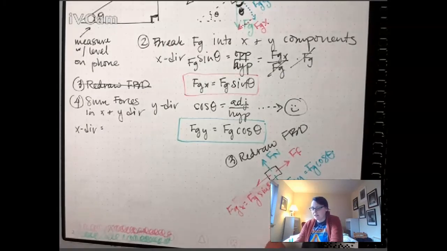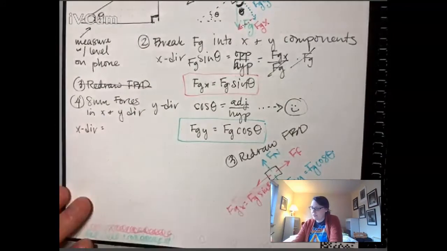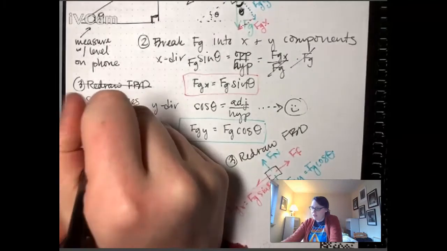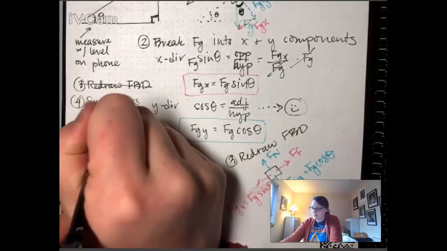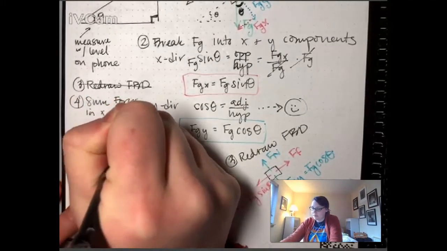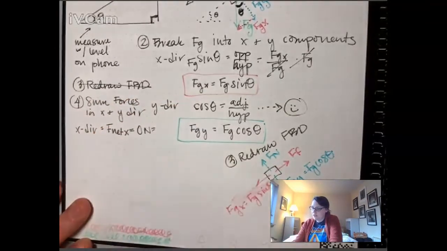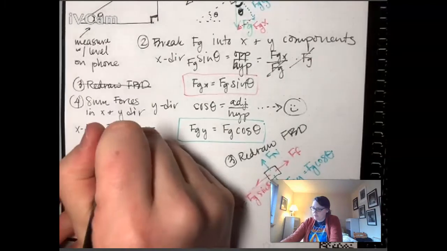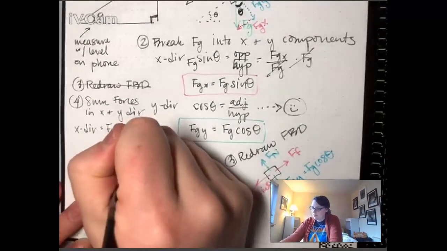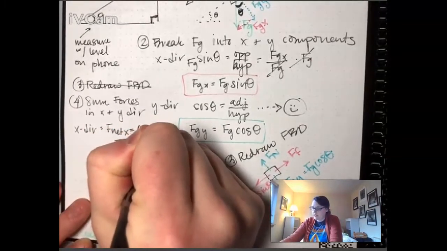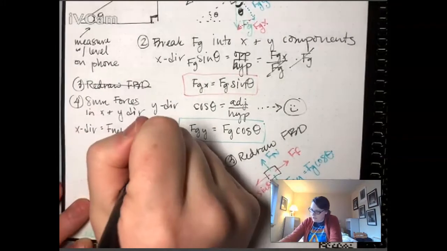Okay. Summing always means adding. Right? So in the x direction, I know that my net force is equal to 0 newtons, and that's equal to the force of friction plus the force of gravity in the x direction. Right?